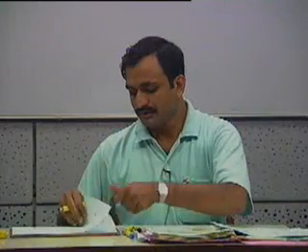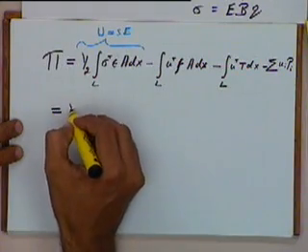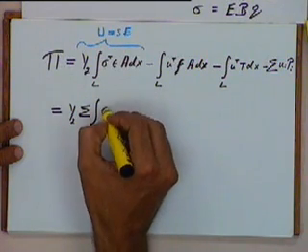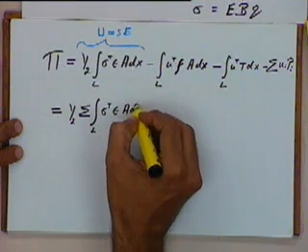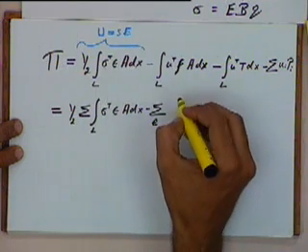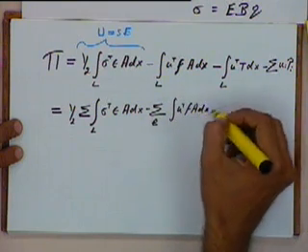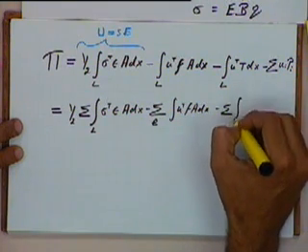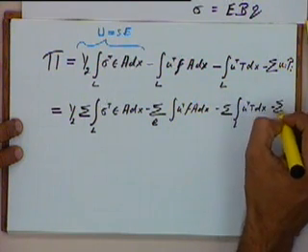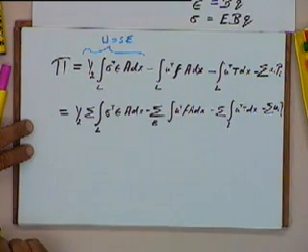So I can say that the total potential energy will be half of sigma integral over the length of sigma transpose epsilon A dx, minus sum over all the elements of integral of u transpose F A dx, minus sum of all integral of u transpose T dx, minus sigma u_i multiplied by P_i.